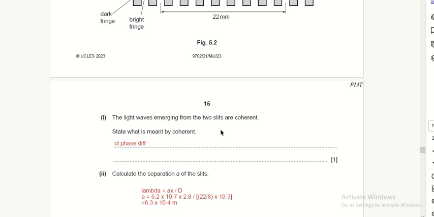Light emerging from the two slits is coherent. What is meant by coherent? They have a constant phase difference.